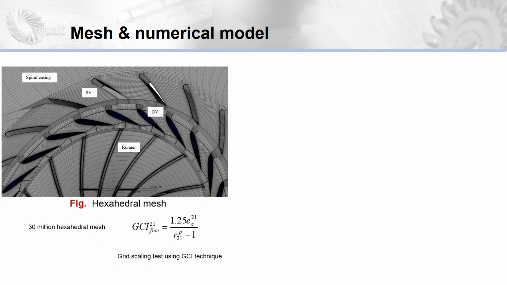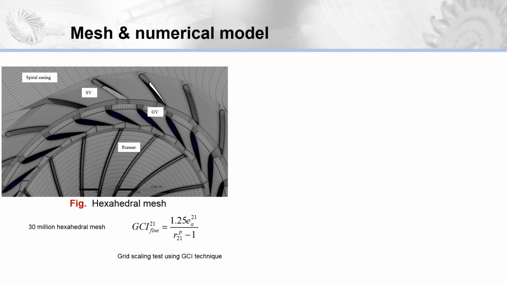Now let me talk about the mesh and the numerical model. For this study, I have used the full passage modeling technique, and for this, each component of the turbine is discretized by structured hexahedral mesh using the commercial software ANSYS ICEM CFD. The complete domain consists of nearly 30 million hexahedral elements, and for the grid scaling test, I have used the GCI technique.